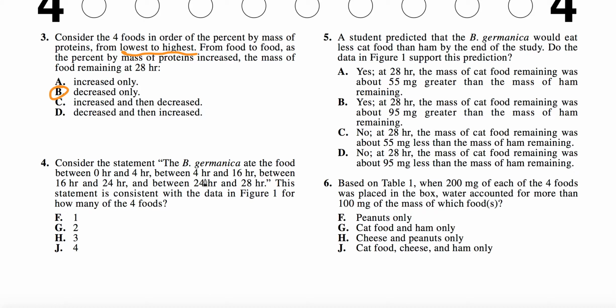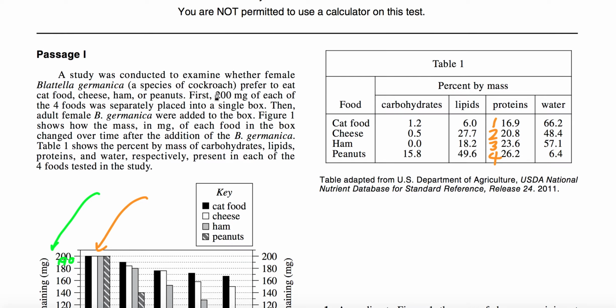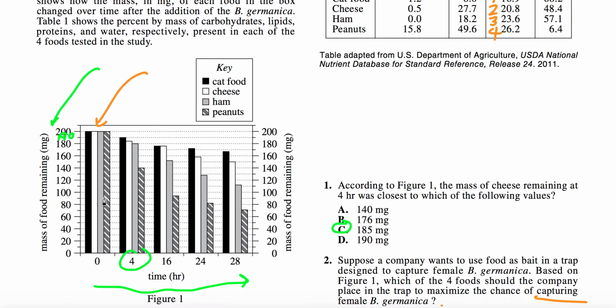Consider this statement: the bee Germanica ate the food between 0 and 4 hours, between 4 and 16 hours, between 16 and 24, between 24 and 28. This statement is consistent with the data in figure 1 for how many of the 4 foods? Immediately we see they started with 200 milligrams.